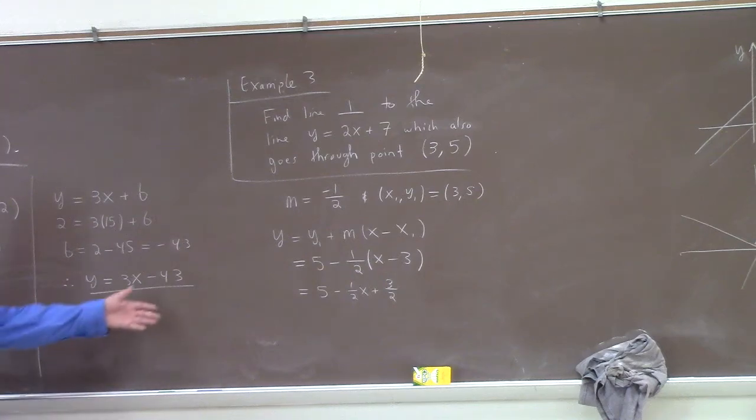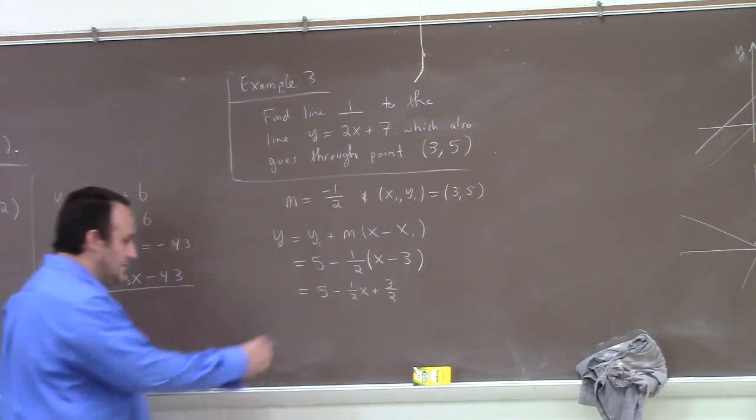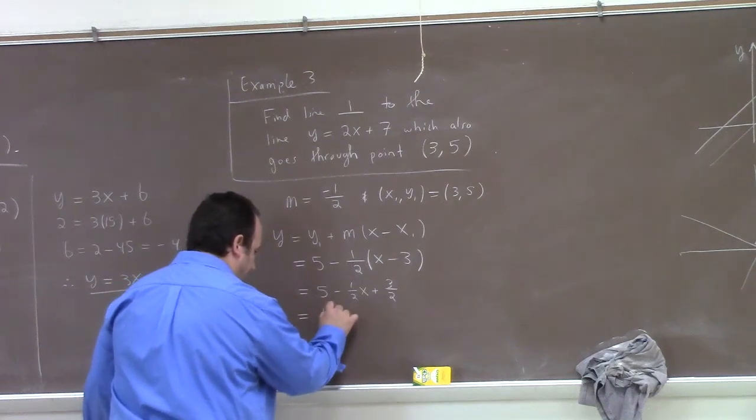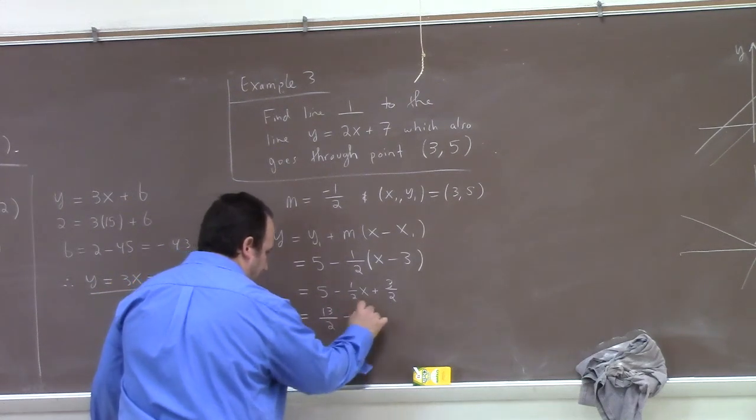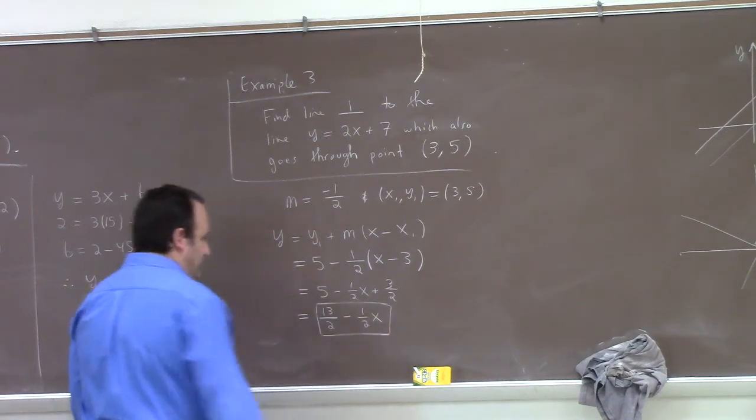How about that's 10 halves plus 3 halves. How many halves? 5 is 10 halves, right? Yeah, 13 over 2 minus 1/2 x. There you go. That is slope-intercept form.